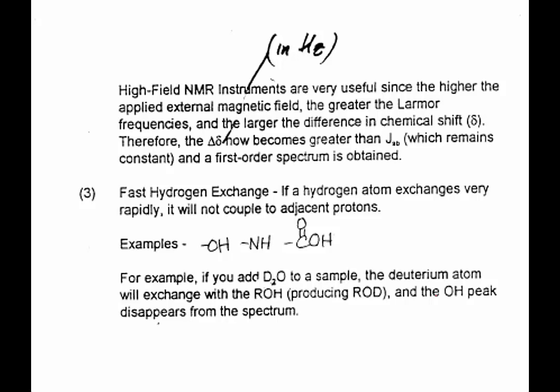Now, the thing you have to know about these isotopes is every isotope has a different Larmor frequency, or different spinning frequency. So for instance, my hydrogens are spinning at 300 next door. My deuteriums are only spinning at 30 to 40, because they're a different isotope.